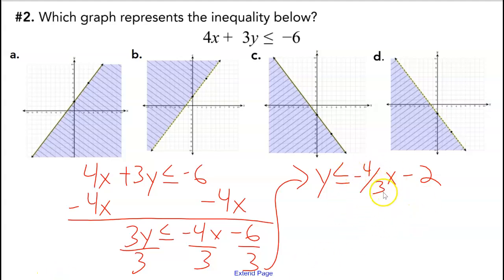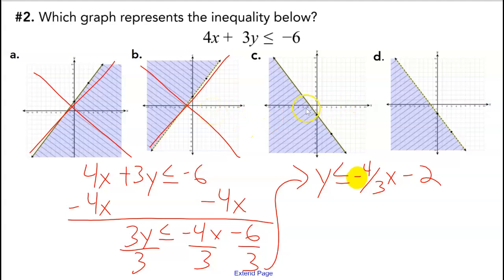We can use this information to figure out which graph it is. But since we have multiple choice, we can actually eliminate some options. We notice that the slope is negative 4 over 3, and because the slope is negative, we know the line has to go down from left to right. So we can automatically eliminate these two options right away.